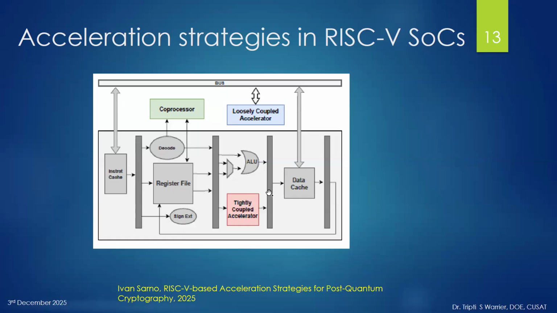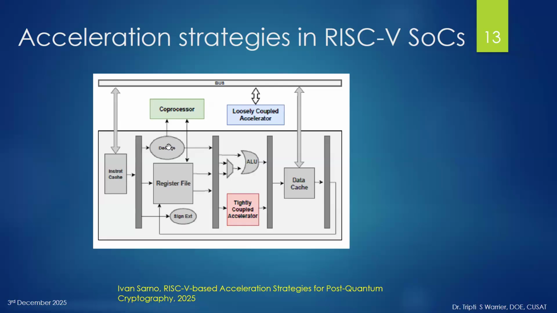Now, another implementation is that you may have hardware which is doing a particular task, but you have not integrated it in the pipeline. Rather, you have it as a co-processor. When it is a co-processor, at the decode stage, the instruction for the co-processor will be different from an instruction for something in your execution unit.